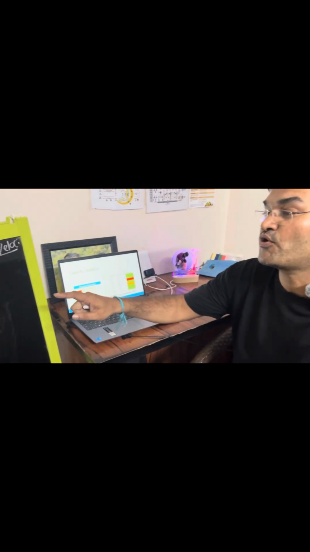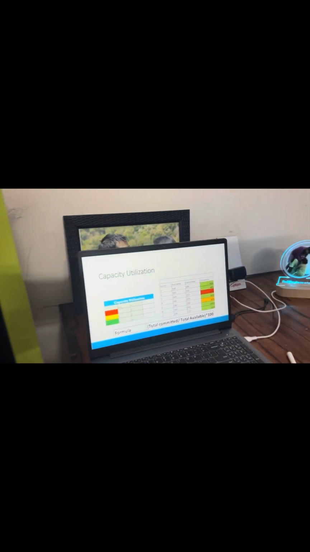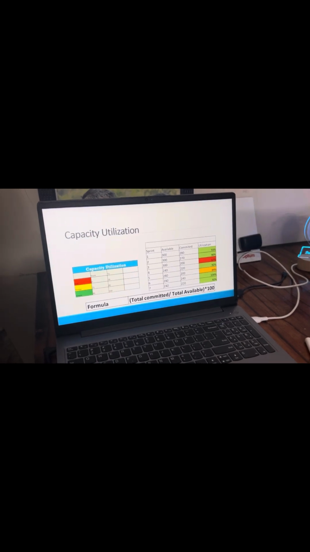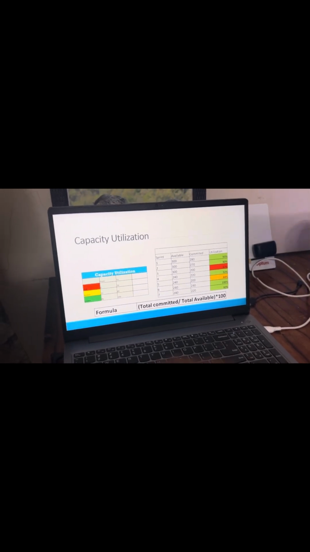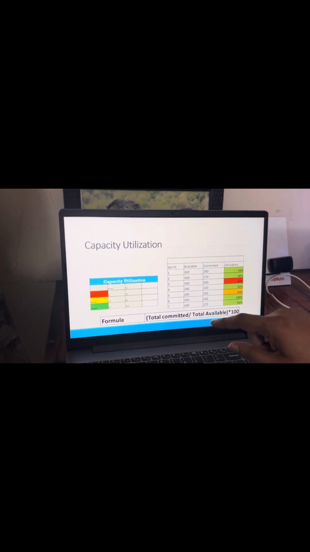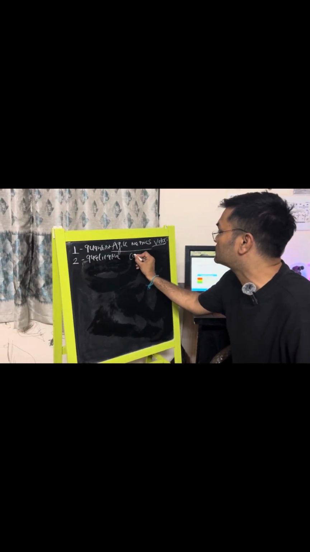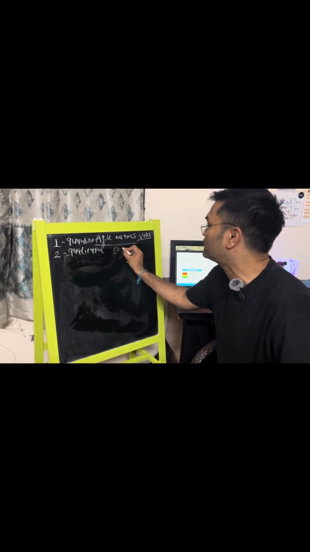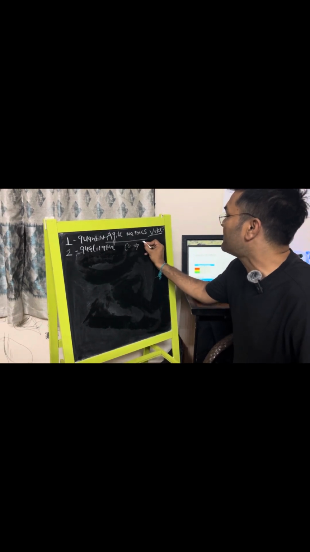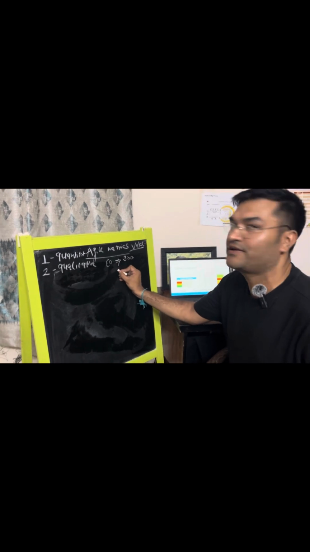This is the second metric. Let's talk about the third one, capacity utilization. The capacity utilization formula is total committed divided by total available, into 100. This is calculated on a percentage basis.